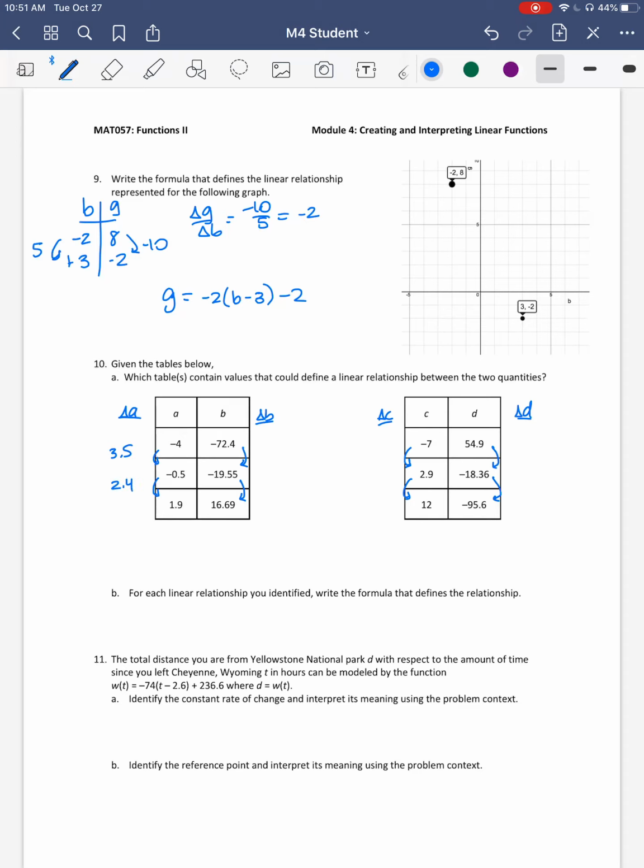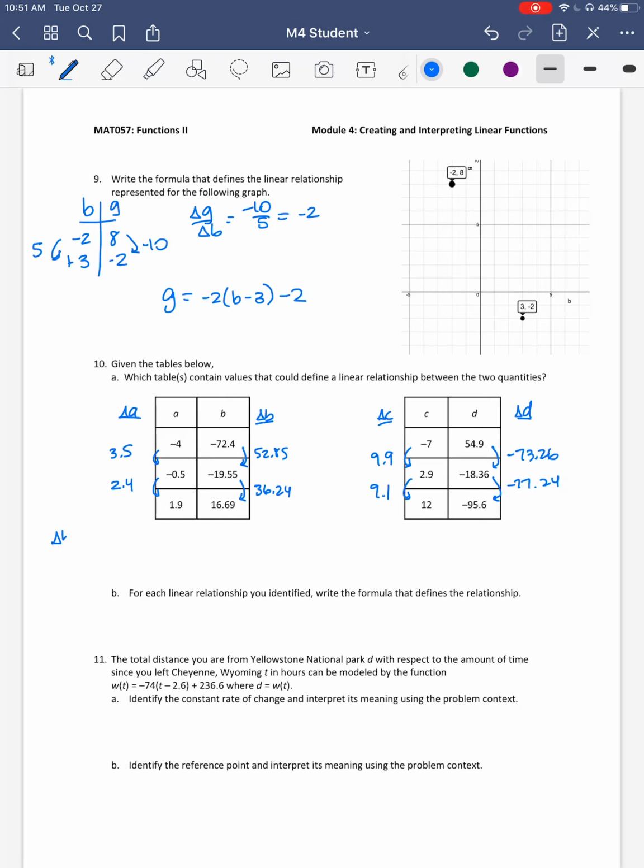Negative 19.55 minus a negative 72.4, 52.85. 16.69 minus a negative 19.55. I'm just going to do all of these over here. So 2.9 minus a negative 7, 12 minus 2.9, negative 18.36 minus 54.9, and negative 95.6 minus a negative 18.36.